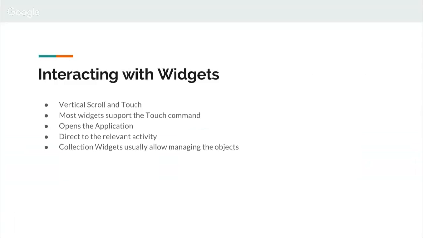Collection widgets usually allow managing objects. Like in Gmail, you can actually write new emails from the widget, right? You click on that and you're taken to the compose screen. On other widgets, you can actually delete items directly from the widget or add items to the widget. If you're using a reminder app, you can add or delete items directly from the widget without actually having to open the application.